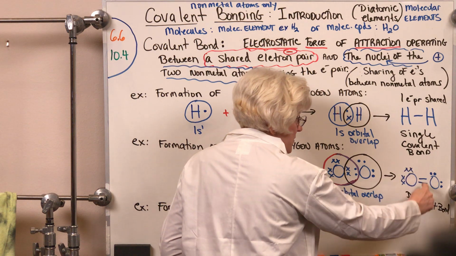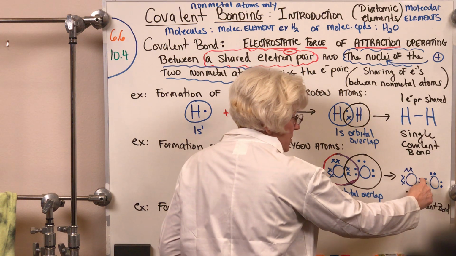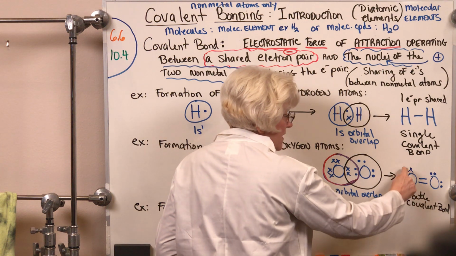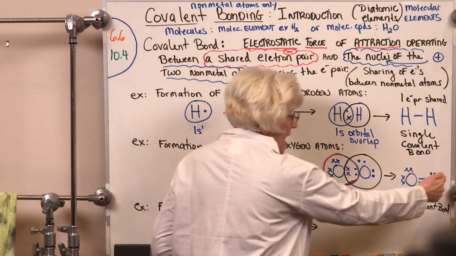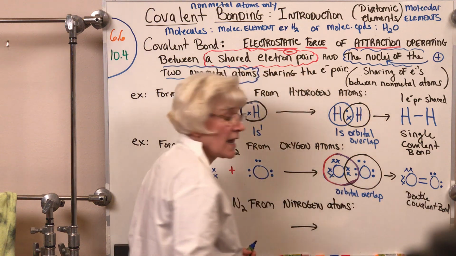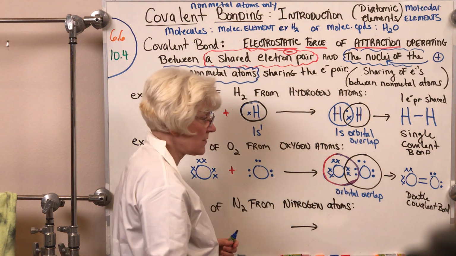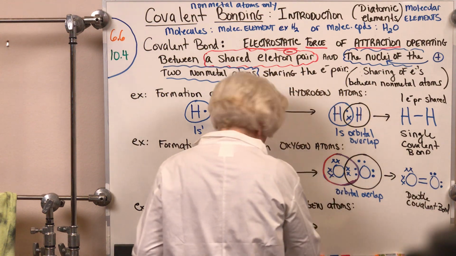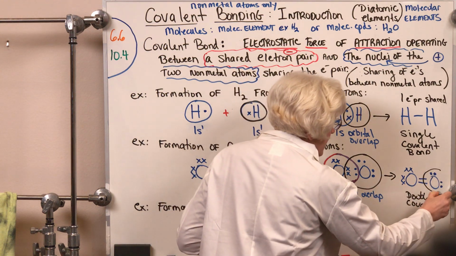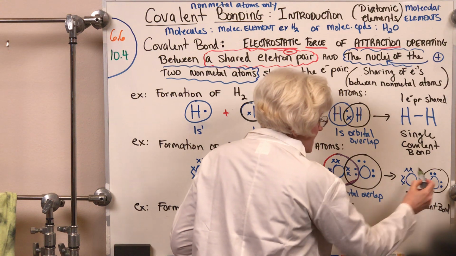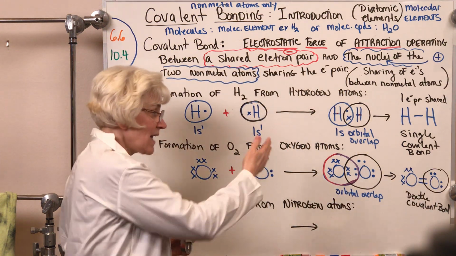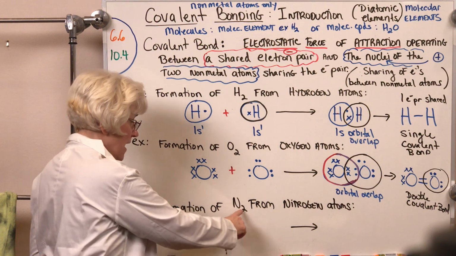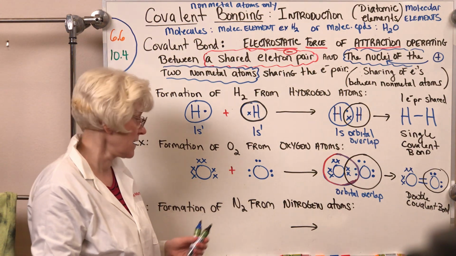A circle around this first oxygen, counting 2, 4, each line 2 electrons, 2, 4, 6, 8 for the first oxygen atom, and then an octet around the second oxygen atom as well, showing a circle here, 2, 4, 6, 8.